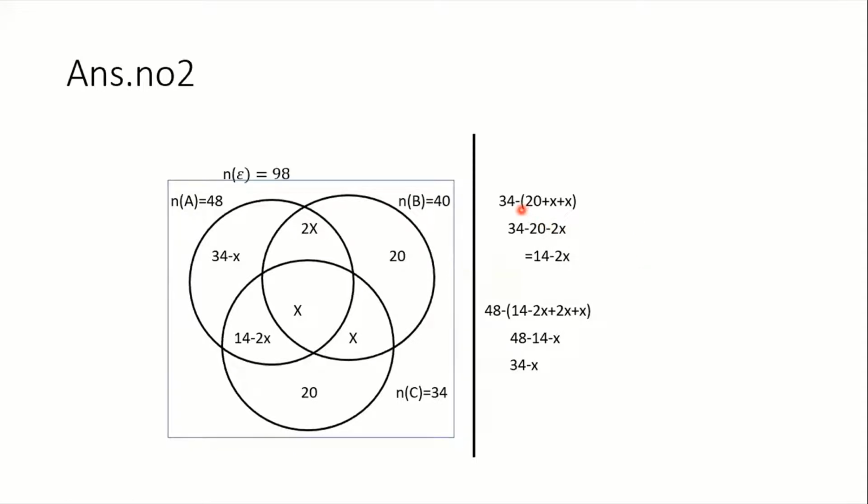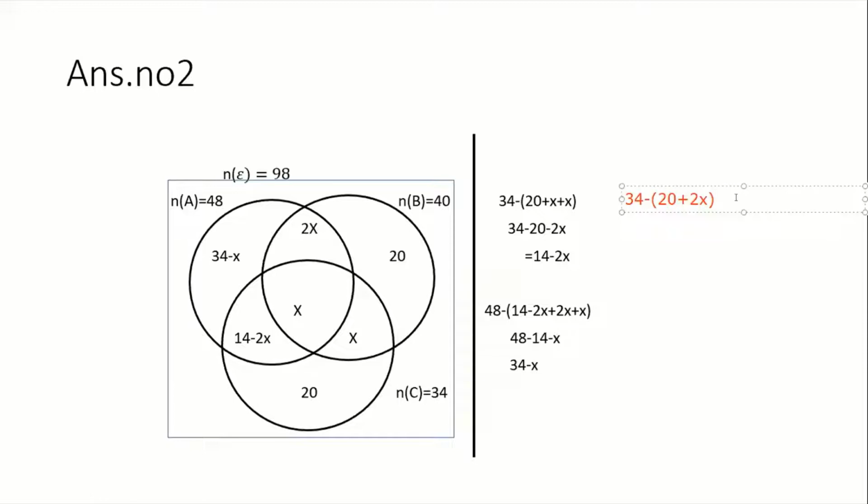Still here we shall have to collect like terms. Okay, here we collected like terms. This is how we did it. This is 34 minus 20 plus 2x. So this is how we collected the like terms.